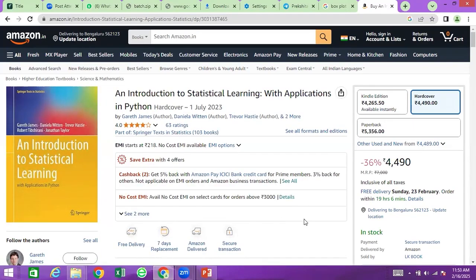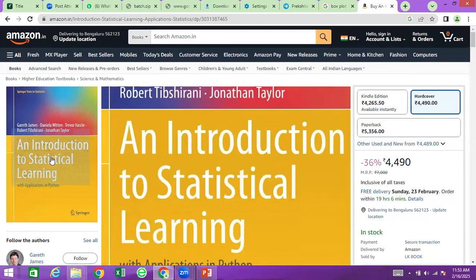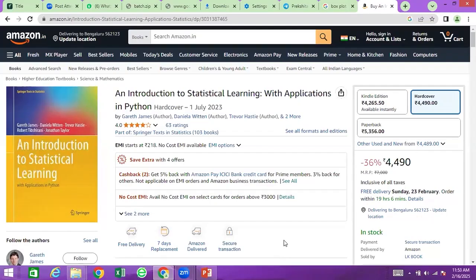The order of topics that we will be covering will not match with this one, so my suggestion is to wait for the course to get completed. Then if you want, you can read this book. This is a very popular book, and I'm pretty sure the PDF file is also readily available. But again, my recommendation is not to start the book before this module ends.